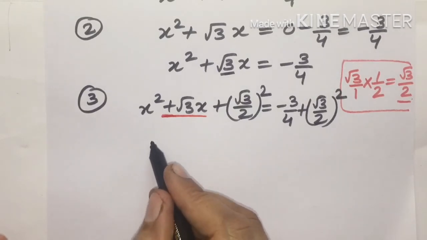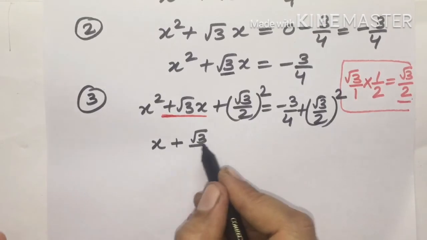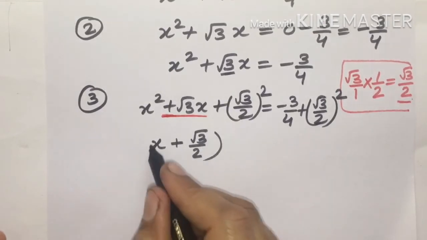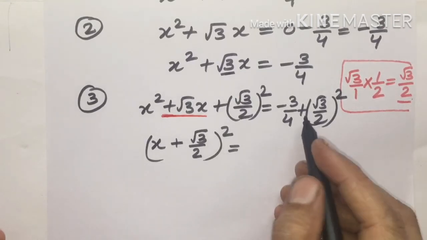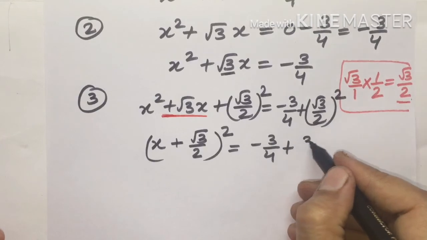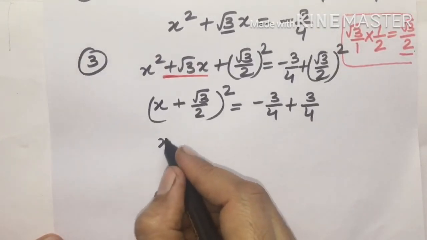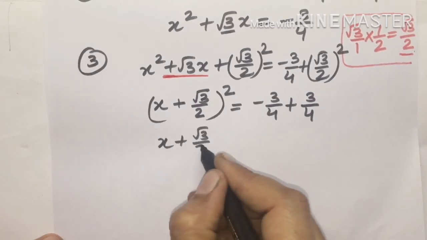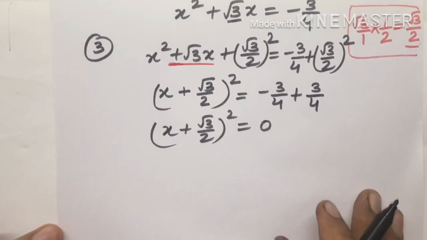So plus is there, a means x, b means root 3 upon 2, and whole square of this is equal to, on the right side we have to solve, minus 3 upon 4 and square of root 3 is 3 and square of 2 is 4. So it will be x plus root 3 upon 2 whole square is equal to 0.